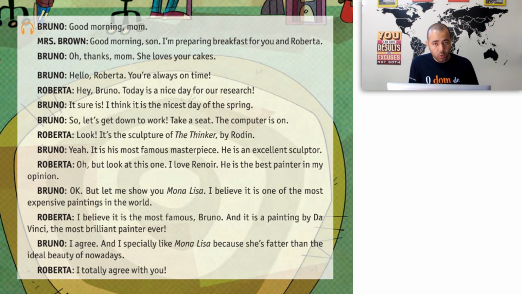I believe it is the most famous, Bruno. And it is a painting by Da Vinci, the most brilliant painter ever. I agree. And I especially like Mona Lisa because she's fatter than the ideal beauty of nowadays. And Roberta finishes the conversation. I totally agree with you.